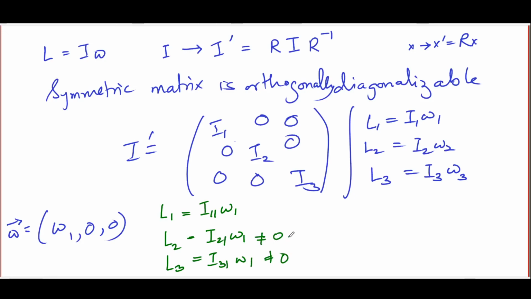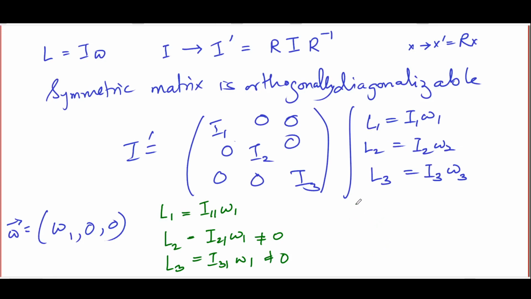What that means is, although your angular velocity had been only in the one direction, the angular momentum would have all three components. In other words, the angular momentum would not have been in the same direction as the angular velocity. But look at the special situation where we have gone over to a new coordinate system in which you have this diagonal moment of inertia tensor and hence this set of relations between L's and omegas.